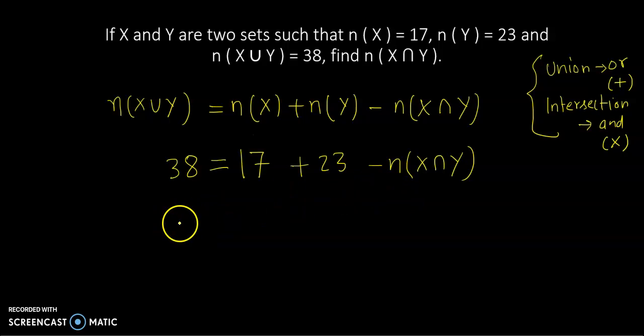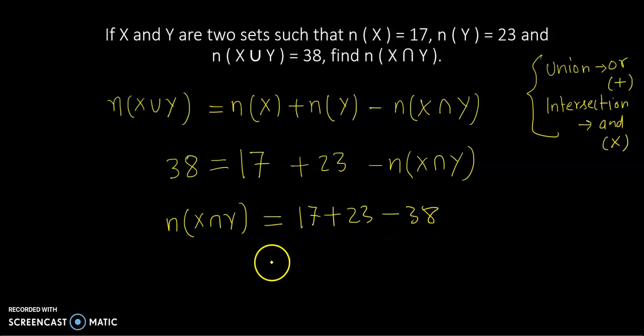If you shift the X union Y term to the other side, this becomes 17 plus 23 minus 38. If you solve it, this is 40 minus 38, and that becomes 2. So that is the first problem, where you have applied a very simple concept to find the number of elements in X and Y.